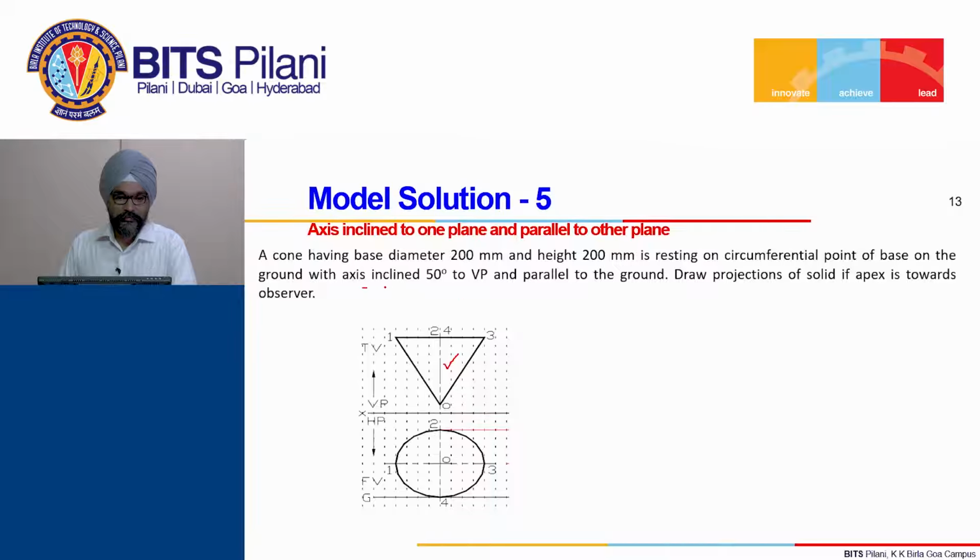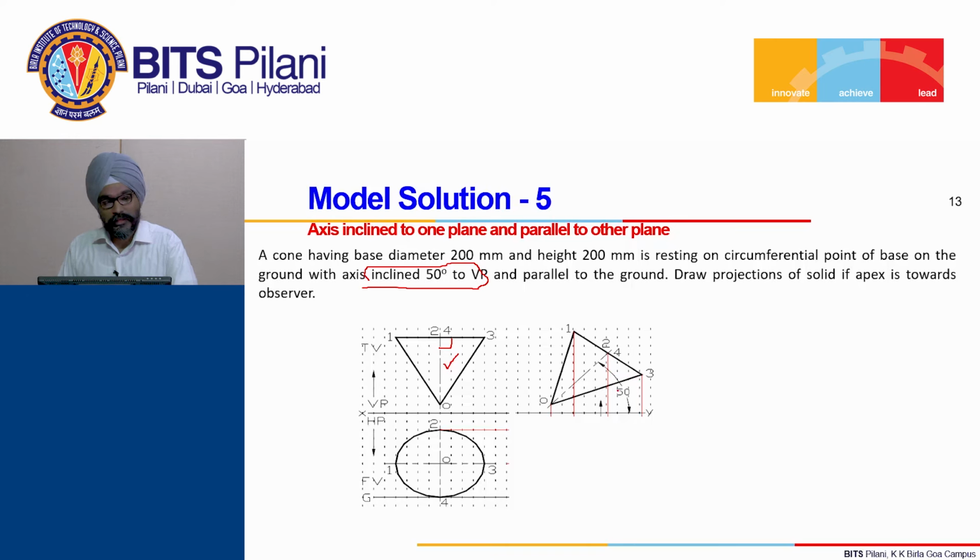Now finally the axis is to be made at 50 degree to VP. Currently the axis is at 90 degree, so we change it in the next stage.